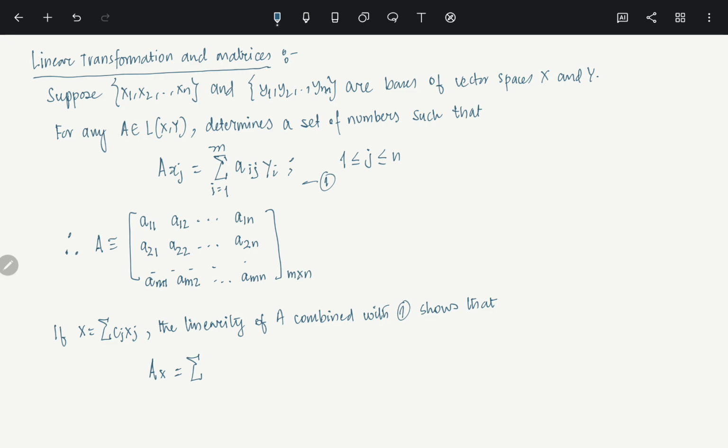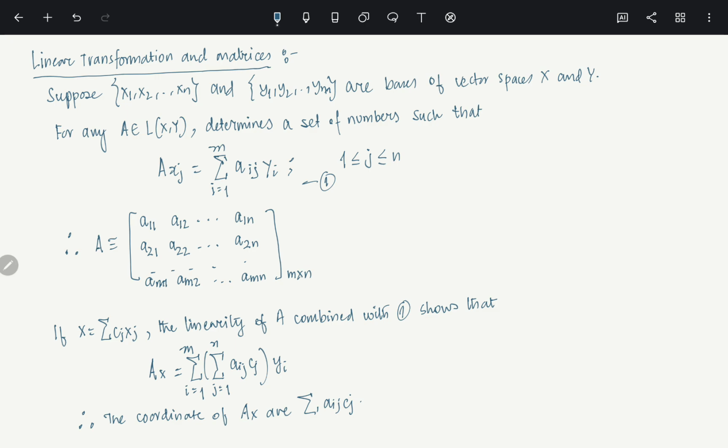So A of x can be written as the summation over i equals 1 to m, summation over j equals 1 to n of a_ij cj yi, and therefore the coordinate of A of x is the summation of a_ij cj.